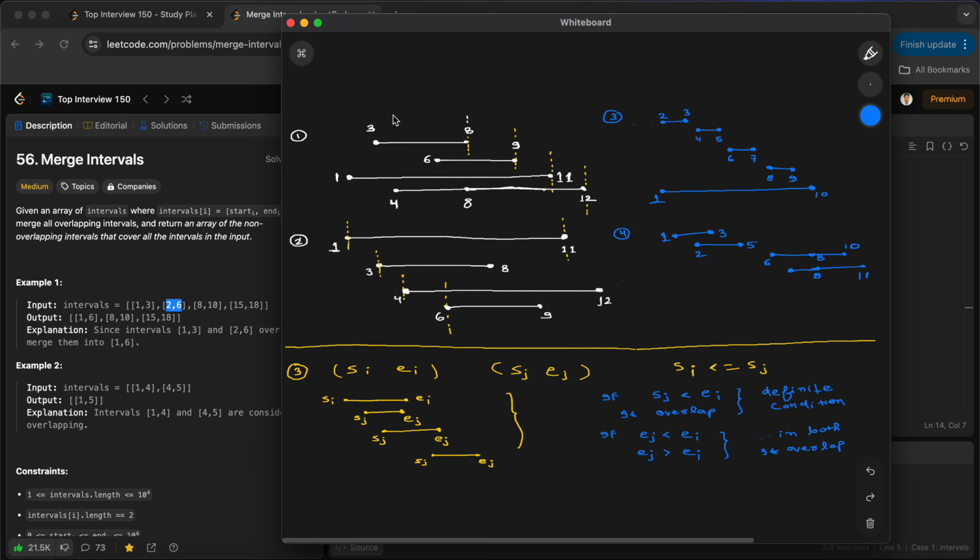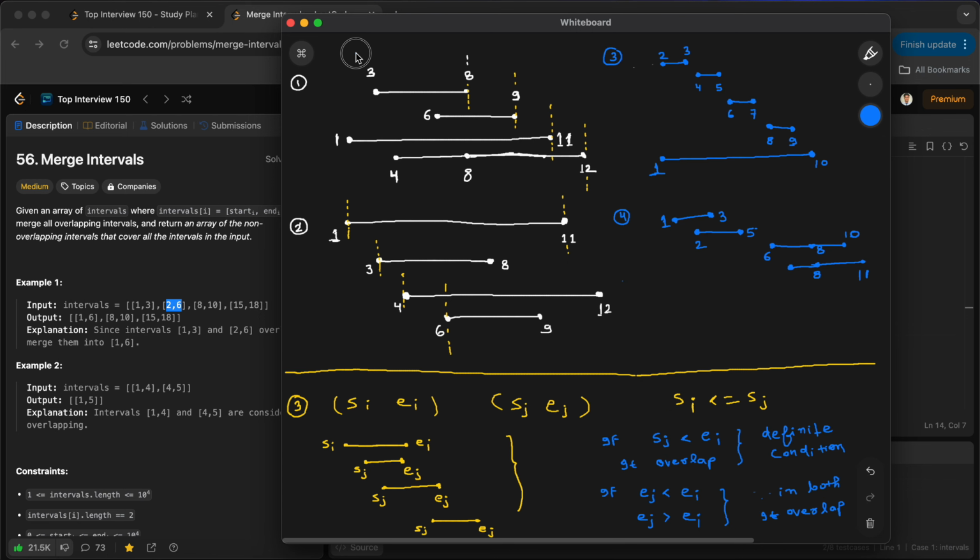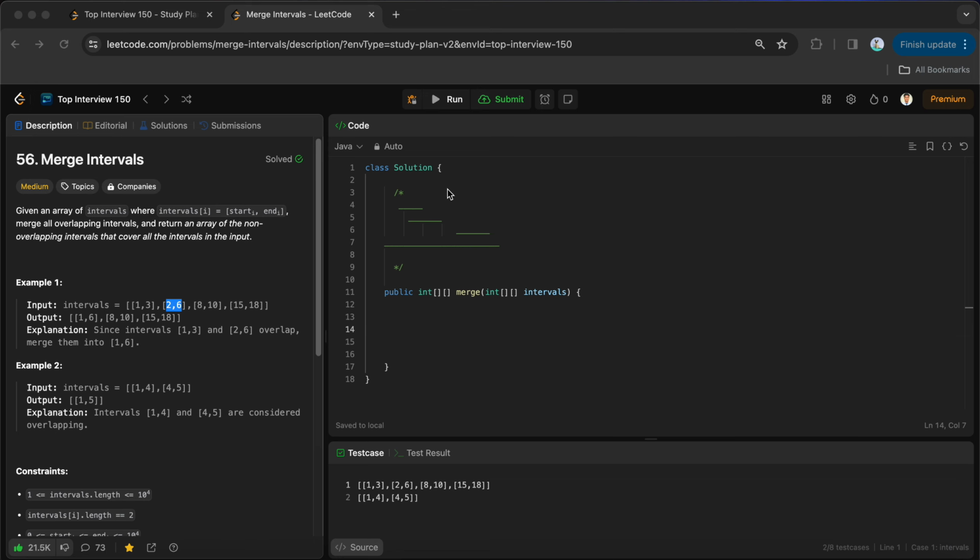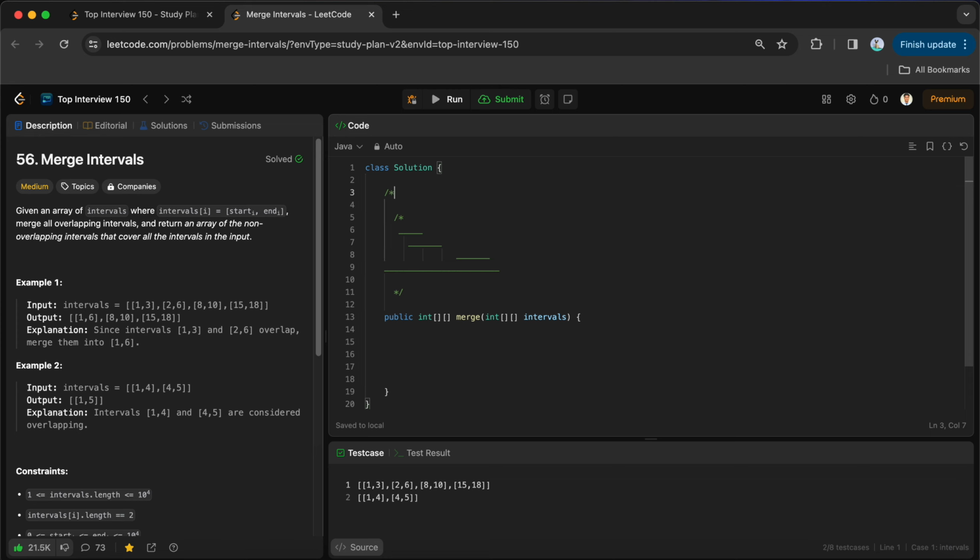This is clear, I guess, why we have to sort the array: with sorting we just compare the consecutive intervals and we can justify whether they are overlapping or not. If we do not sort, suppose there are some given intervals like this: first interval 1 to 3, second interval 10 to 15, then third interval 2 to 5.